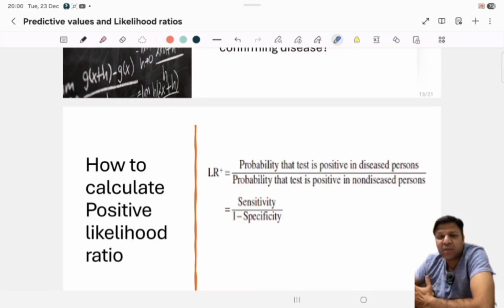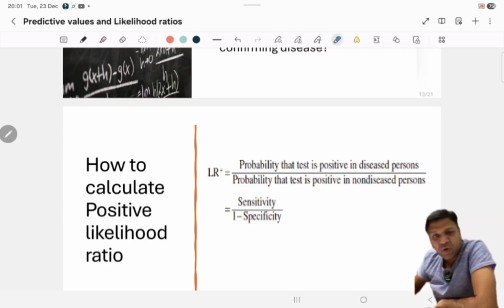As we have seen in the definition, it is the probability the test is positive in the diseased person divided by the probability that the test is positive in the non-diseased person. So that is the positive likelihood ratio. If you see the numerator, the probability that the test is positive in a diseased individual, what is that? It is sensitivity. And the probability the test is positive in a non-diseased person is 1 minus specificity. Because what is specificity?